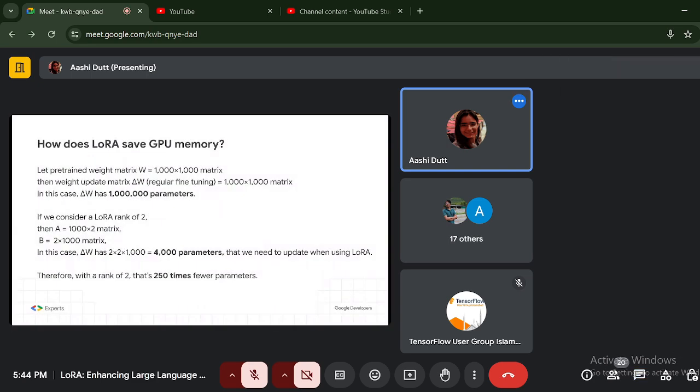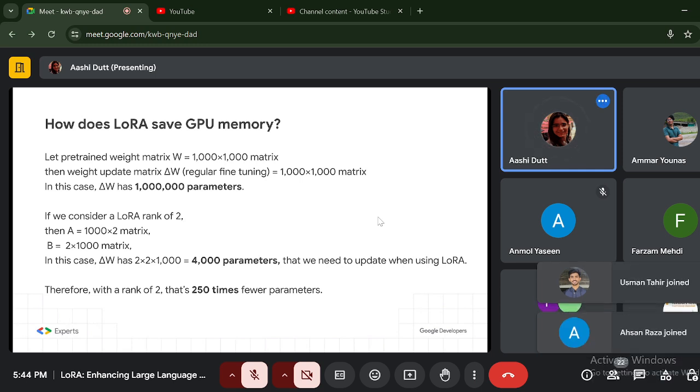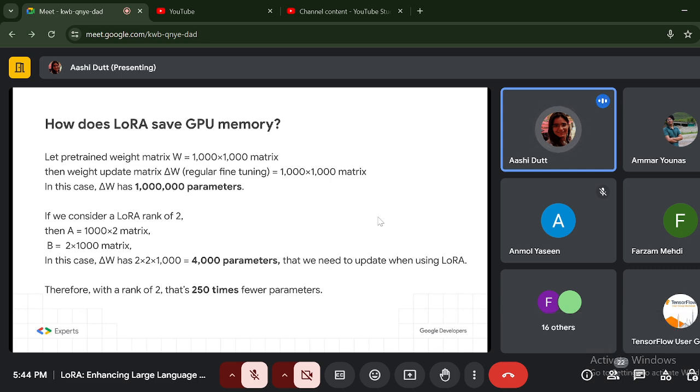So here is a very interesting thing about LoRA, and how you can save on GPU memory while using LoRA. This will give you a much better understanding of why I was saying W and delta W. Say a pre-trained weight matrix W is a 1000 cross 1000 matrix.